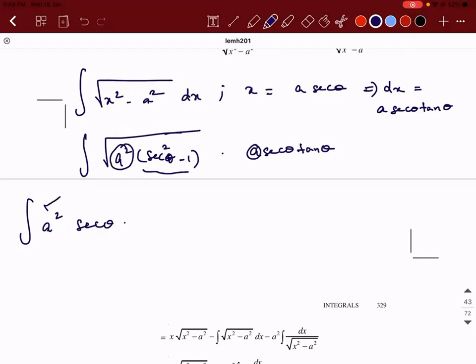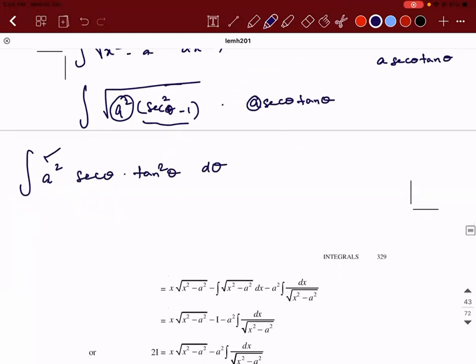Root of secant square theta minus 1 is root of tan square theta, that is tan theta. So secant theta into tan square theta. Right? Are you able to understand what happened? Yes, sir. Yes, understood.